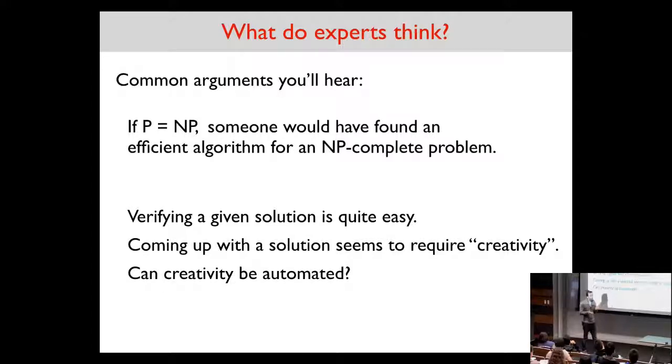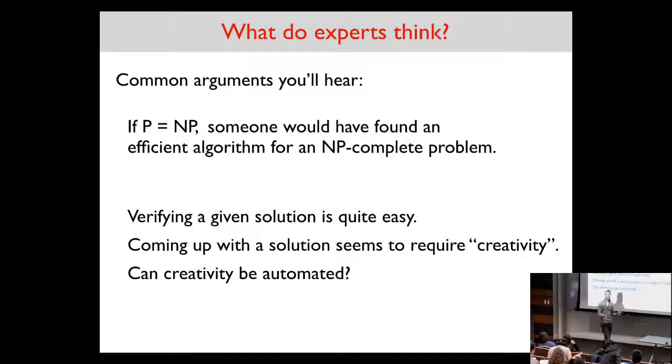The second argument you'll hear is like, well, verifying a given solution is quite easy. From our experience, we know that if I give you the solution to a homework problem, it's sort of easy for you to verify that, oh yes, this is indeed a solution. But if I ask you to come up with a solution to a homework problem, it's not always easy, right? And in some sense, it seems to require some sort of creativity, in quotes.